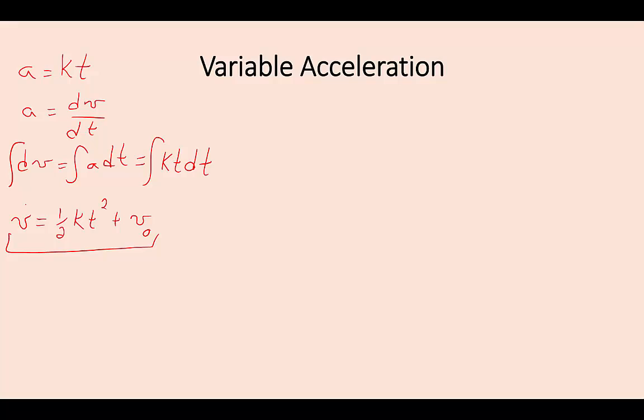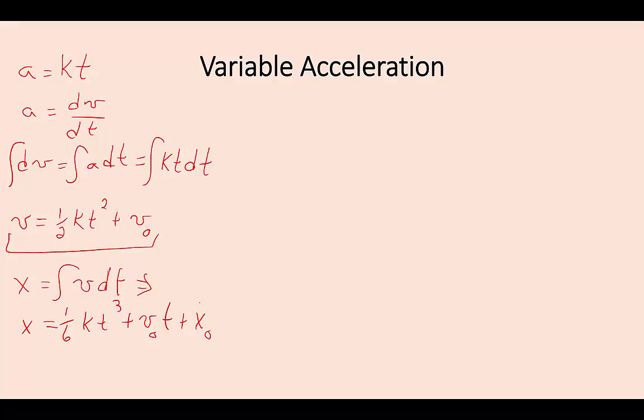Keep in mind also that to get x, remember that x is the integral of v dt. So we put this equation in for v, and we end up with x equaling 1/6 kt cubed plus v naught t, again plus our constant, which could be x naught.